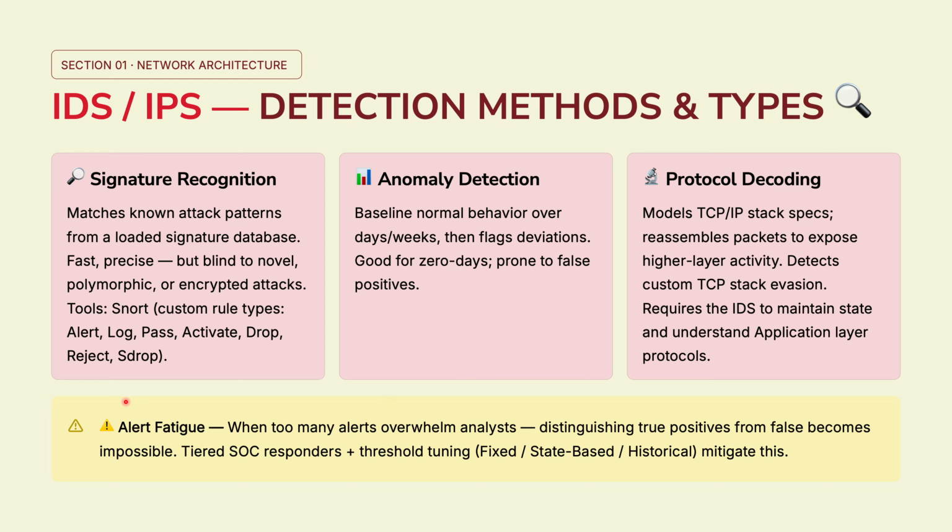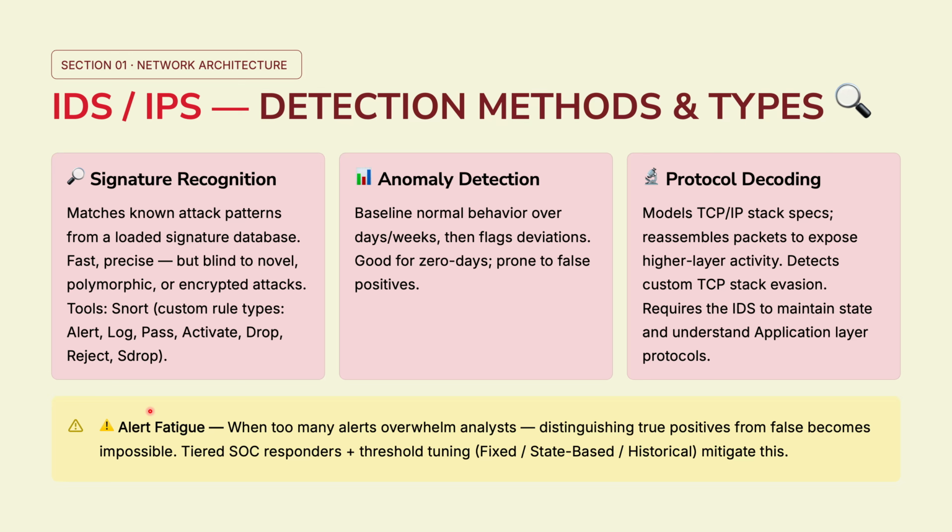Finally, we have alert fatigue. Alert fatigue occurs when the sheer volume of alerts overwhelms the SOC analyst, Security Operations Center, making it impossible to distinguish true positives from false positives.